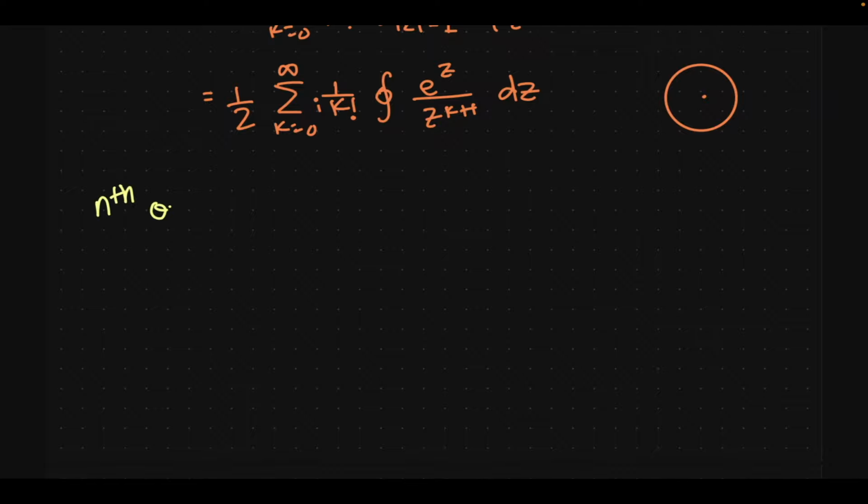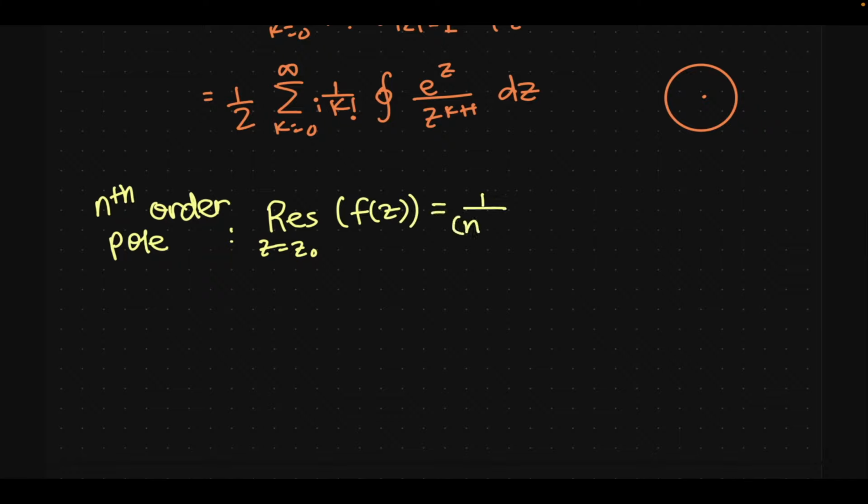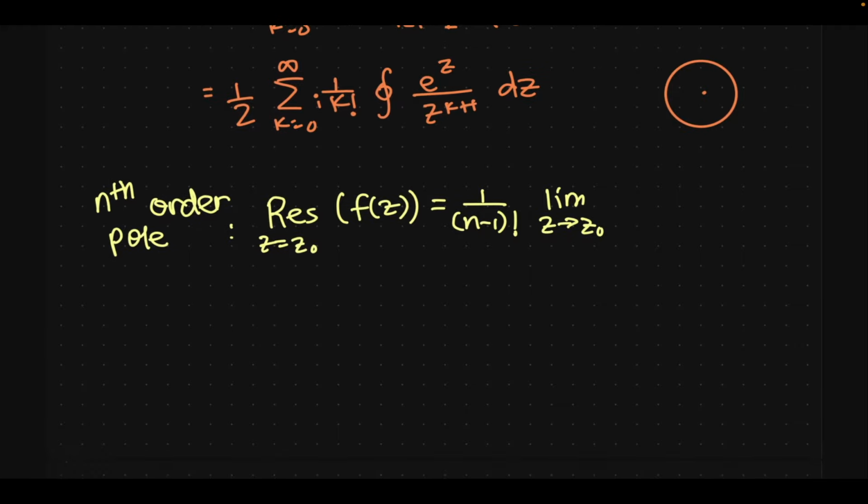So for an nth order pole at some point z0, if you want to find the residue at z0 of some integrand f of z, you're going to have 1 over n minus 1 factorial, limit as z goes to z0 of the n minus first derivative of z minus z0 to the nth power times f of z.